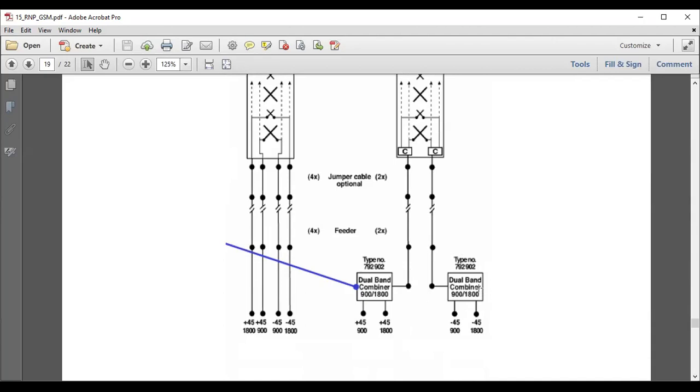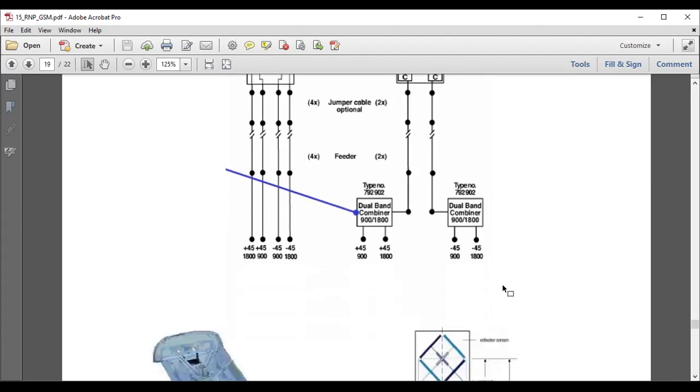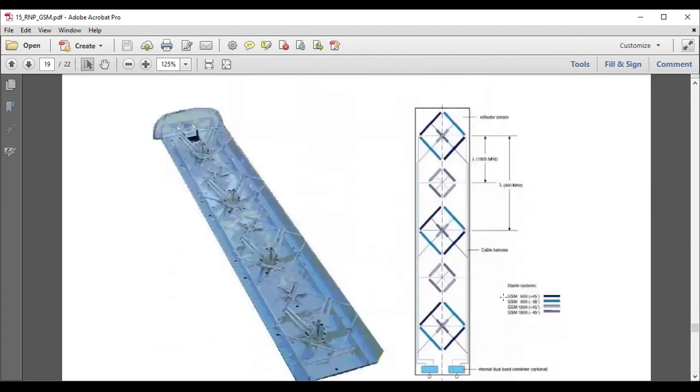There are different types of elements that can combine the signal, these are called couplers, dividers, okay, which can actually combine or split the signal. Okay. Anyway, here you have another type of orientations for the antenna elements.